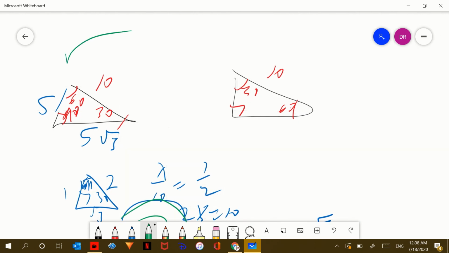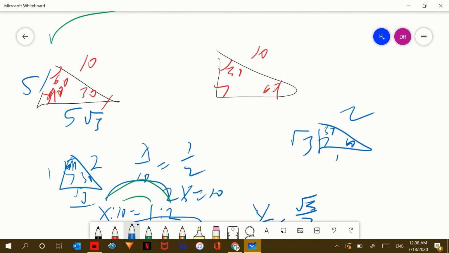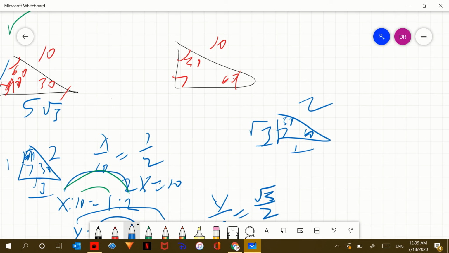Let's move on to this. So again, we have our triangle. The ratio is 1, square root of 3, 2. As you can see, the ratios have flipped here because the angles have changed position.